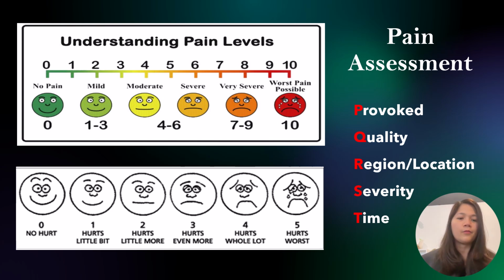And then we have the numeric 0 to 5. 0 means no hurt, 1 hurts a little bit, 2 hurts a little more, 3 hurts even more, 4 hurts a whole lot, and 5 hurts worst. And of course, T for time. Don't forget the time, the onset, duration, and interval.